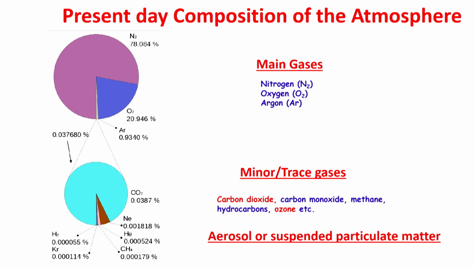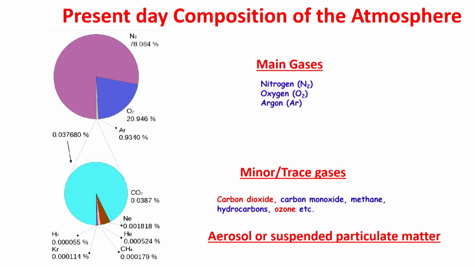This is why it is called a stable composition. But the trace gas concentrations are varying a lot. For example, among the trace gases you have CO2 and CH4, which are again greenhouse gases, carbon monoxide, hydrocarbons, and ozone. In ozone we have tropospheric ozone and stratospheric ozone. So this composition is varying.